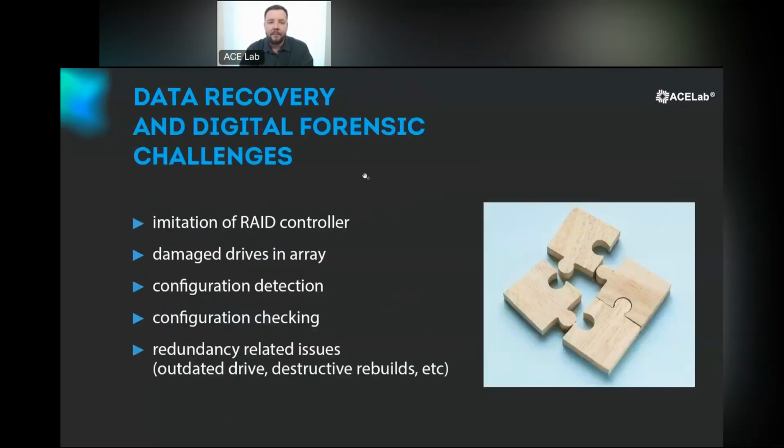But what are the main data recovery challenges when we talk about RAID data recovery and forensic investigation from RAID arrays? They are RAID controller imitation, damaged drives in arrays, configuration detection, which is a very important issue, configuration checking, and redundancy-related issues like an outdated drive, rebuilds, and reinitialization.